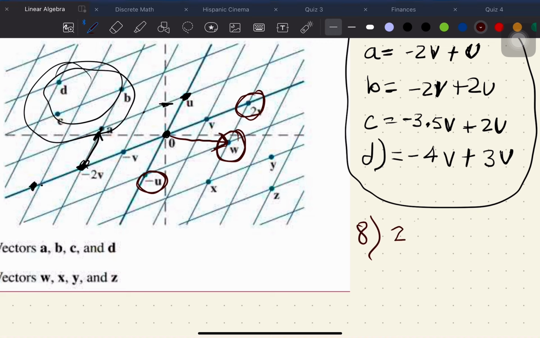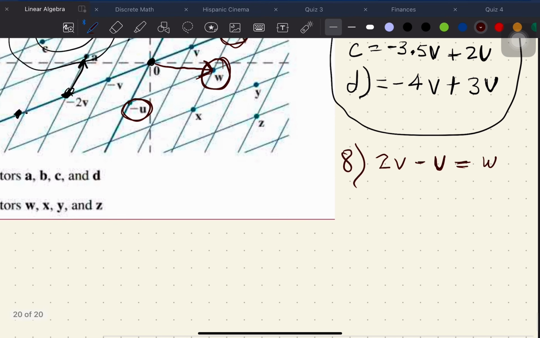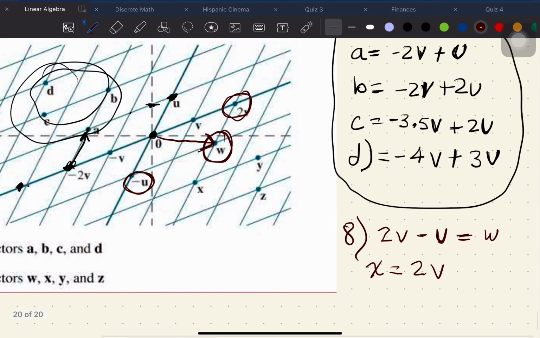So we will say 2B minus U. For X, we will have 2B minus 2U.